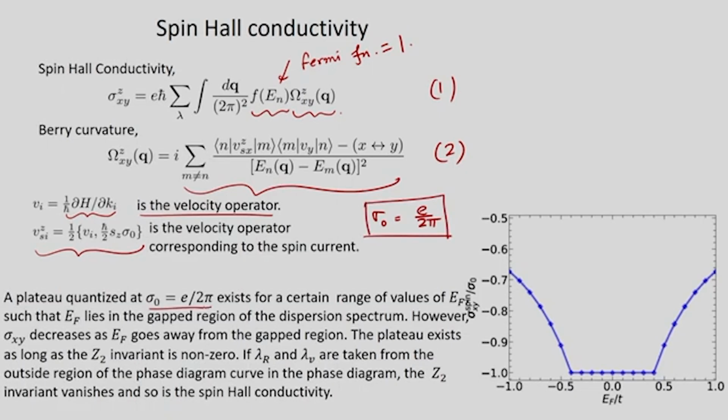So, this is e over 2 pi that exists for a certain range of values of the EF or the bias voltage, when EF lies in the gapped region of the dispersion spectrum.